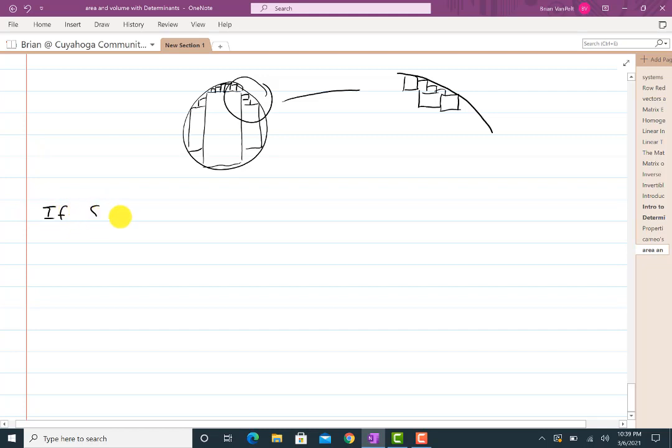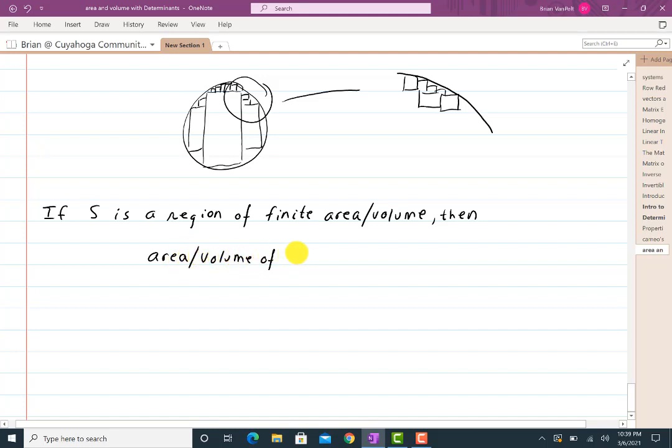If S is a region of finite area or volume, then the area or volume of T of S will still equal the absolute value of the determinant of A times the area or volume of S.